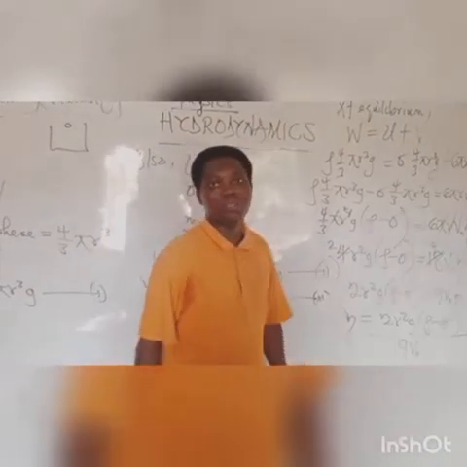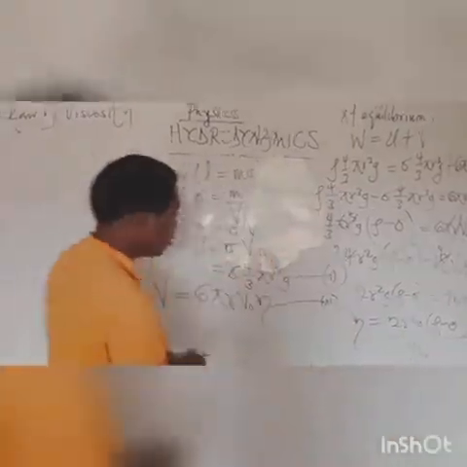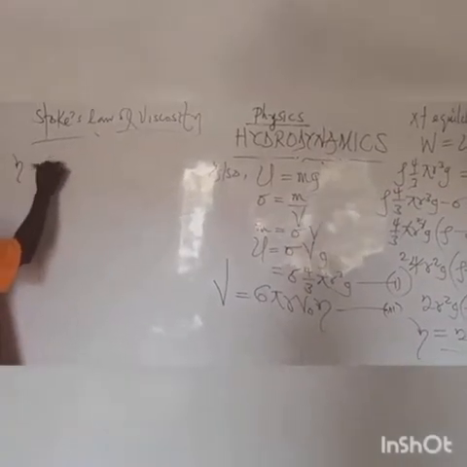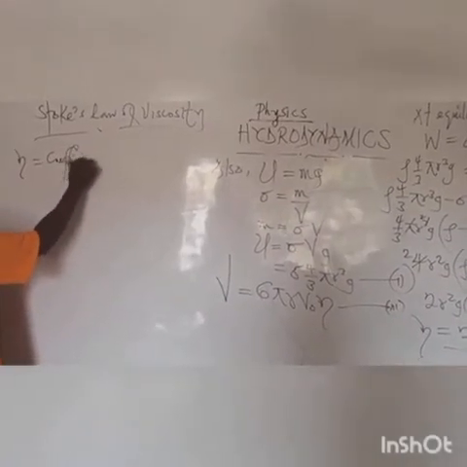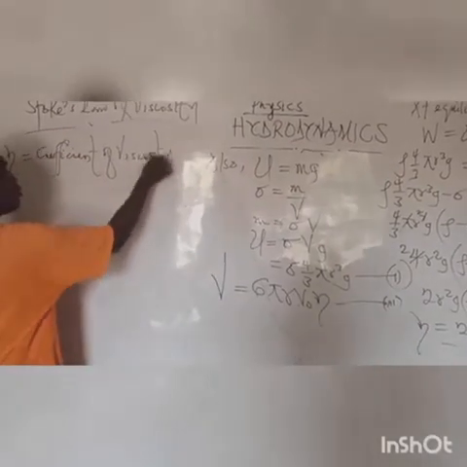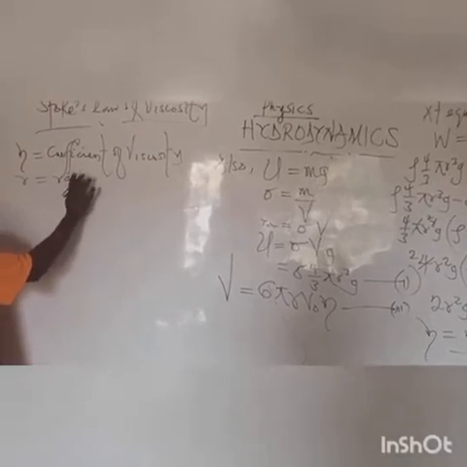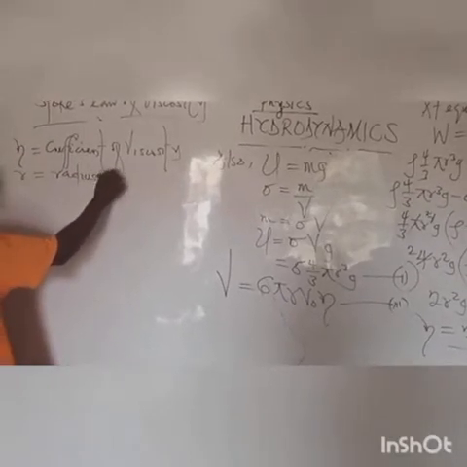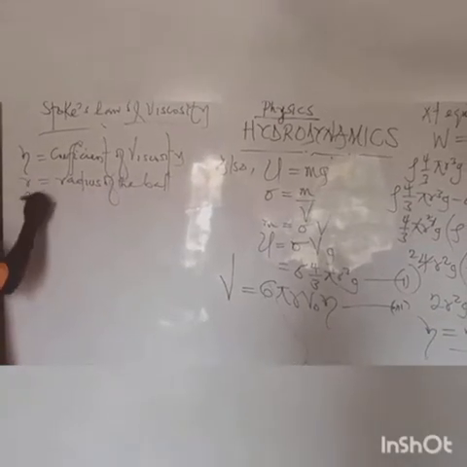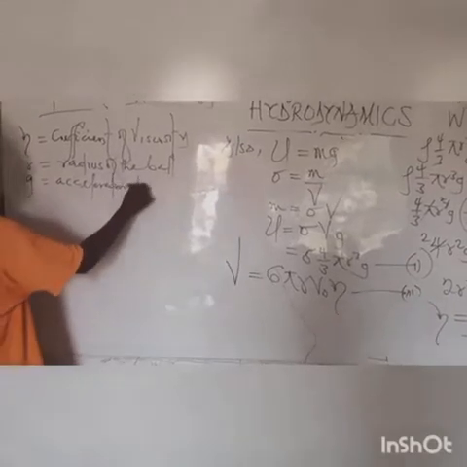of a liquid. Of all the parameters that are inside this formula, eta is the coefficient of viscosity. r is the radius of the ball. g is the acceleration due to gravity.